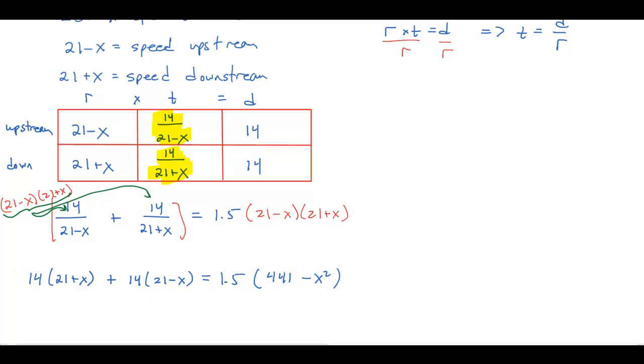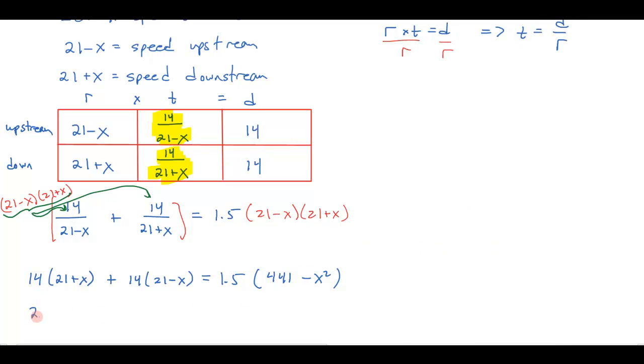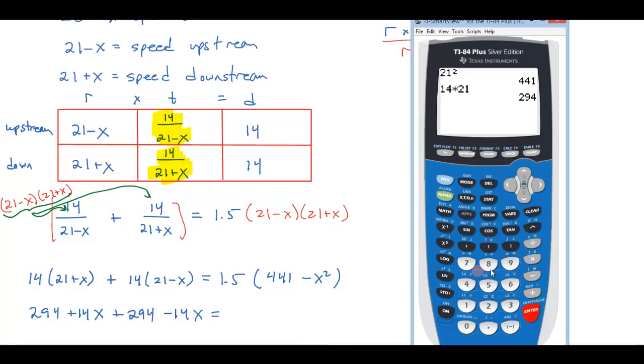Alright, so let's go ahead and distribute. Let's get the 14 times 21. I forgot what that was too. That's 294. So I get 294 plus 14x plus another 294 minus 14x. And that's going to be whatever 1.5 times 441 is.